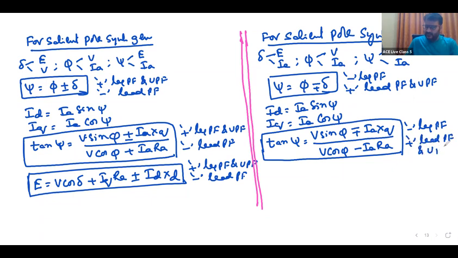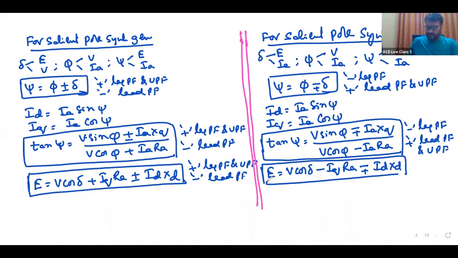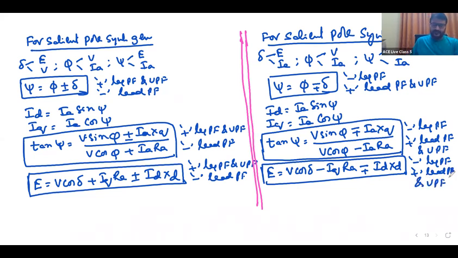UPF always plus. Similarly, E is equal to V cos delta minus IQ RA minus ID XD. Minus is for lagging power factor, plus is for leading power factor and also UPF. Right? So these are the important relations.